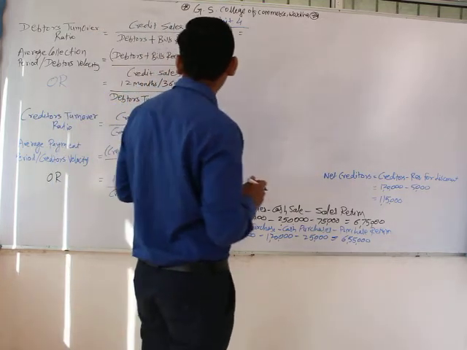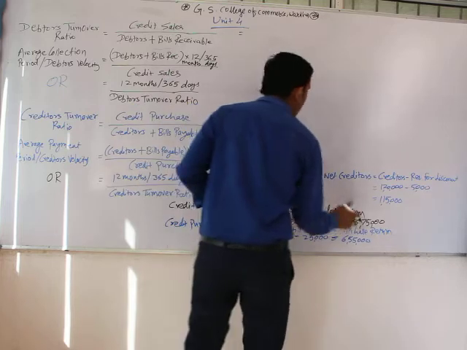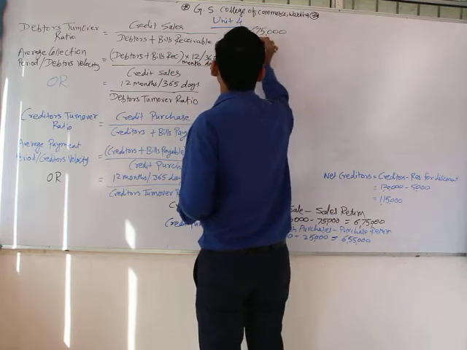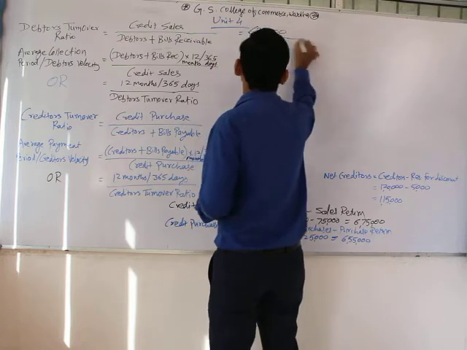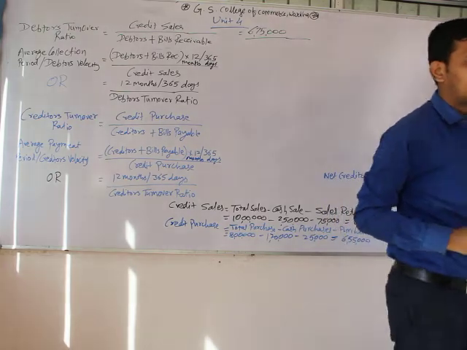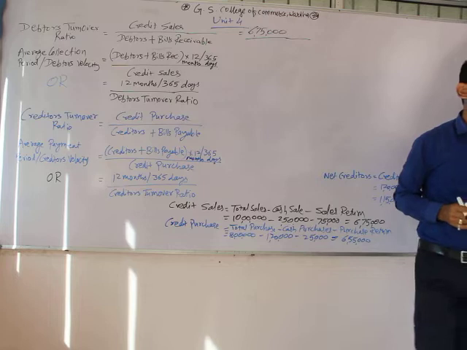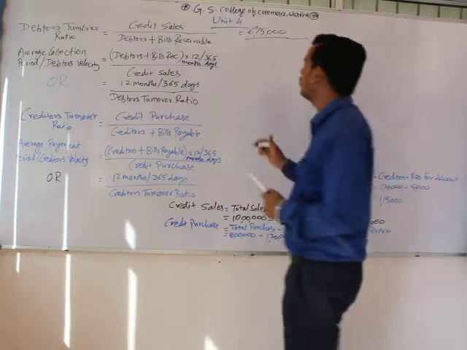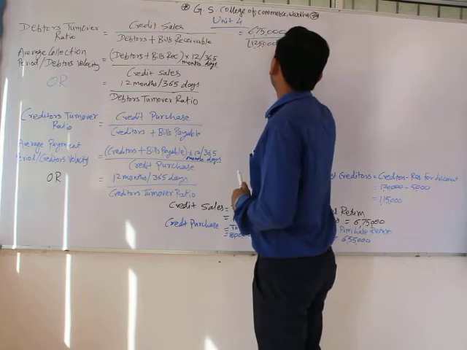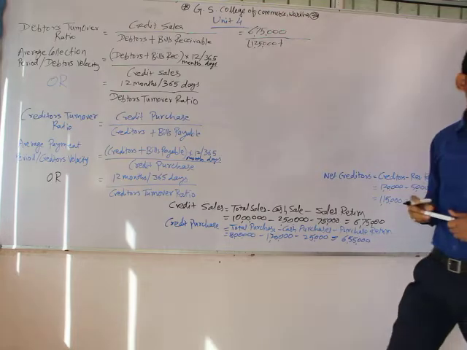Credit sales, which we have calculated as rupees 6,75,000, divided by debtors plus bills receivable. Debtors amounted to rupees 1,25,000 plus bills receivable amounted to rupees 50,000.